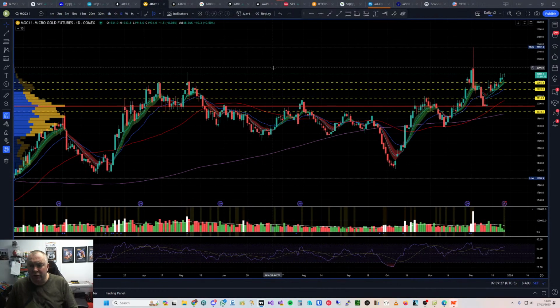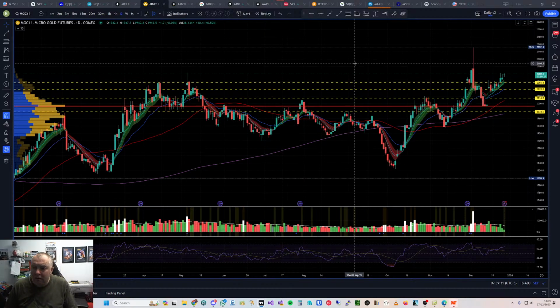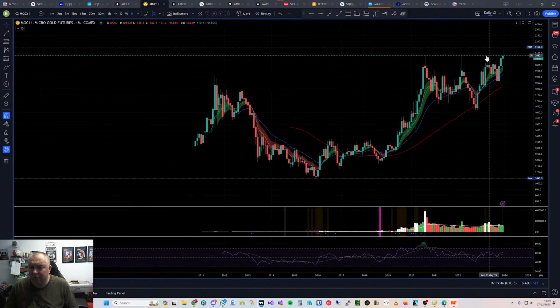And then looking at gold, still looking strong. Haven't really got any levels above. Is this all-time highs? It is, yeah.